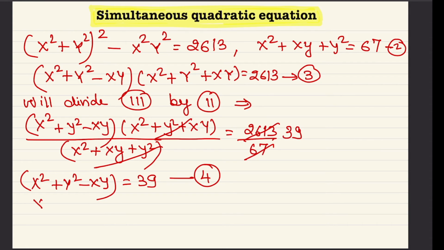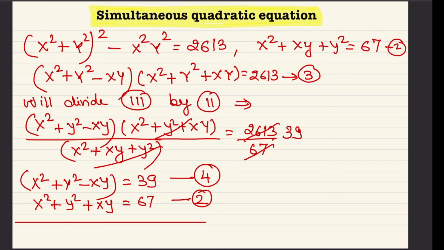Now we have two equations: x square plus y square minus xy equal to 39 and another, x square plus xy plus y square is equal to 67. This was our equation 2.